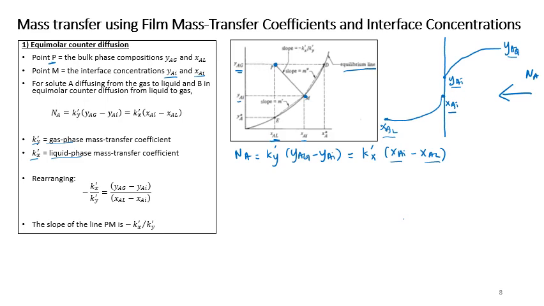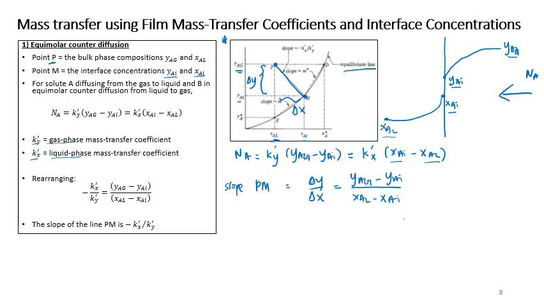So if you have a look at the diagram here, if you want to find out the slope of line PM, it would be delta Y divided by delta X. So the slope of line PM equals delta Y over delta X, equals (YAG minus YAI) divided by (XAL minus XAI).